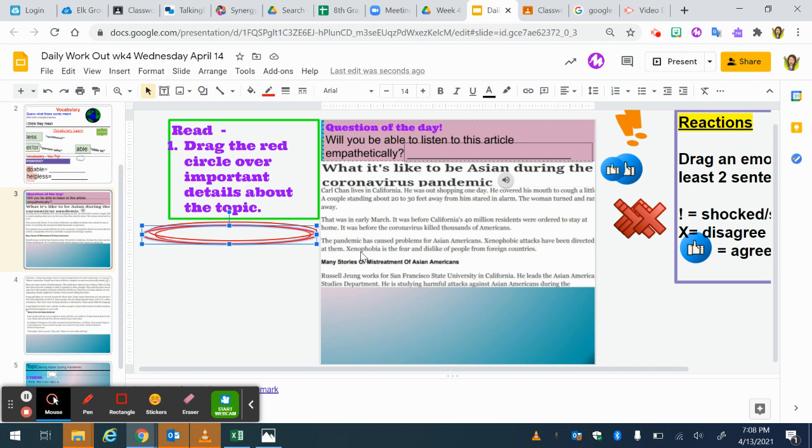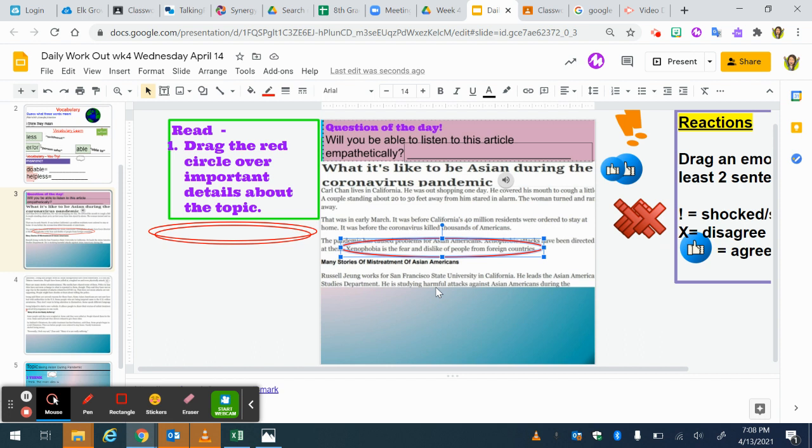I do feel like this definition, xenophobia, where it's the fear and dislike of people from foreign countries, is important because it has to do with the title and how people are treating Asians from the coronavirus pandemic. So I'm going to leave that there. And then I'm going to keep reading, okay?